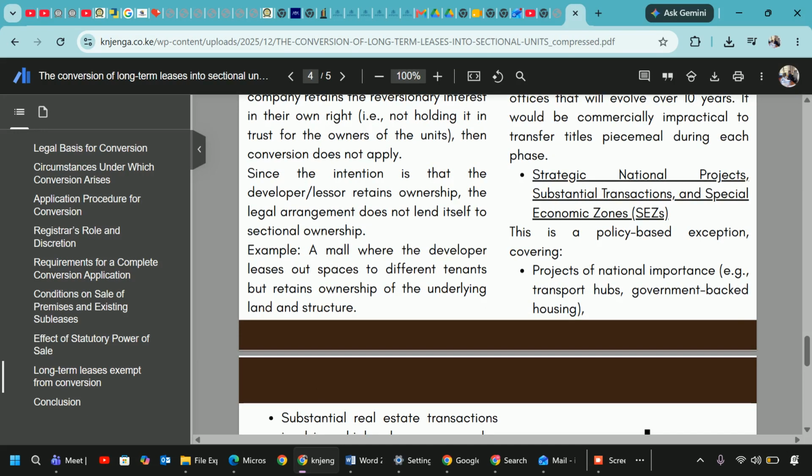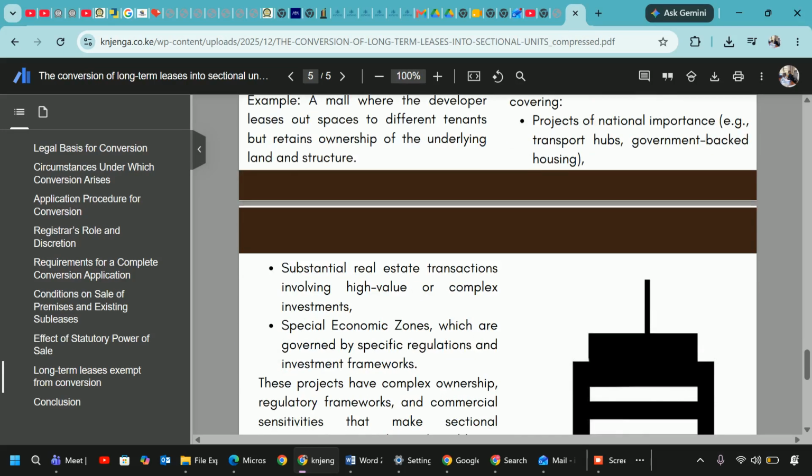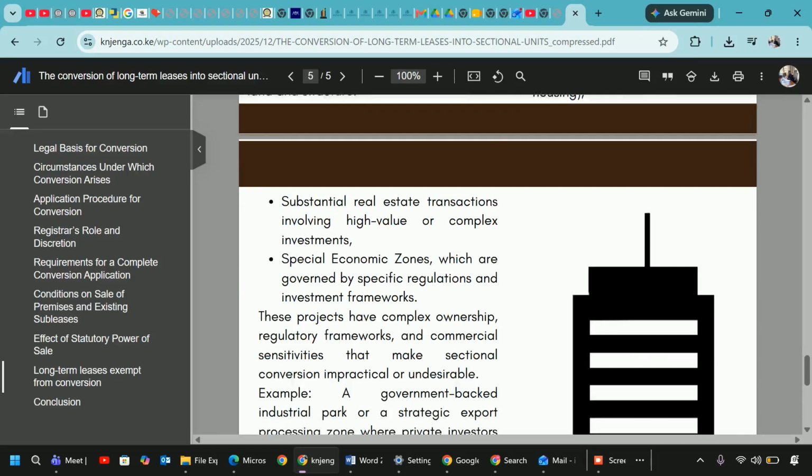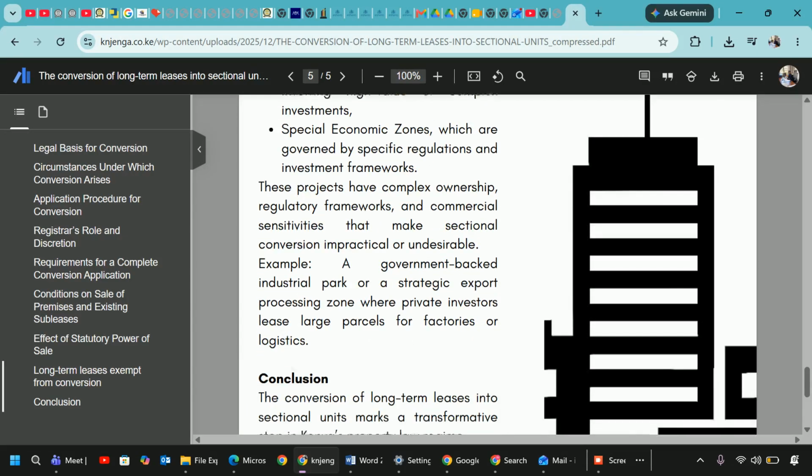Then we have strategic national projects, what we call substantial transactions in special economic zones. These are policy-based exemptions covering projects of national importance, e.g. transport hubs, government-backed housing, substantial real estate transactions involving high-value or complex investment, and special economic zones, which are governed by specific regulations and investment frameworks. These projects have complex ownership, regulatory frameworks and commercial sensitivities that make sectional conversions impractical or undesirable.